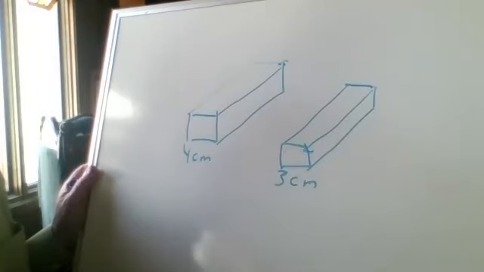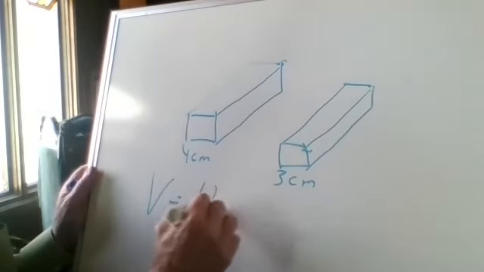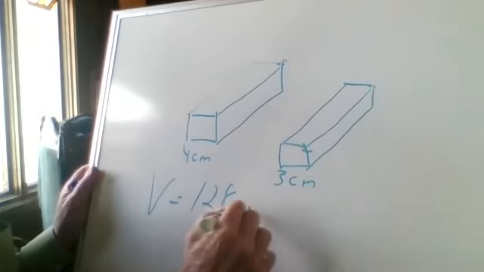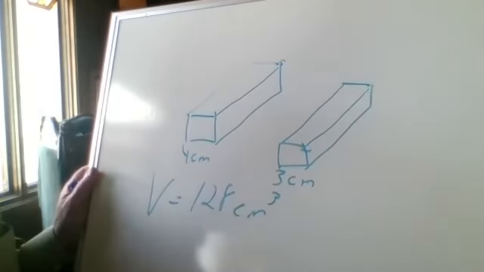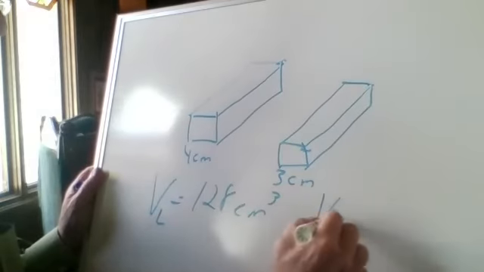The volume of the larger prism is 128 centimeters cubed. We want to find the volume of the smaller prism. Volume of the larger is this, volume of the smaller we're looking for.